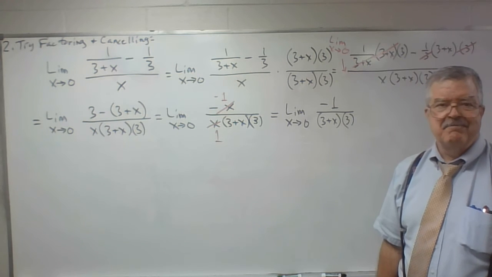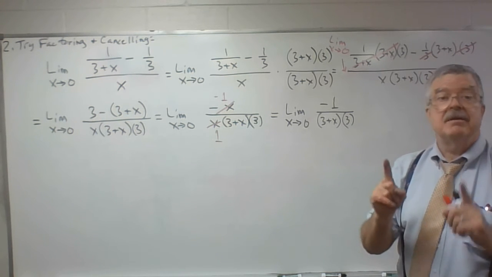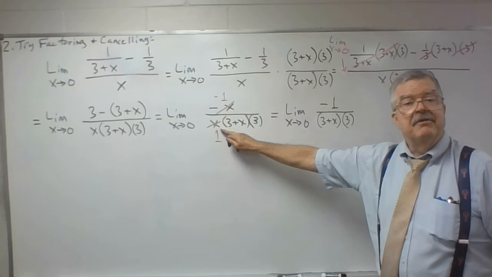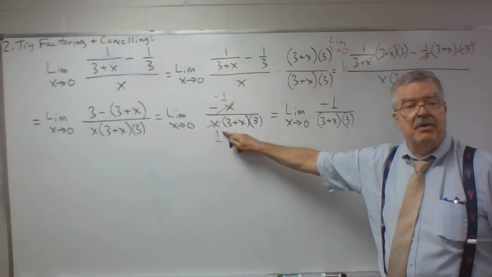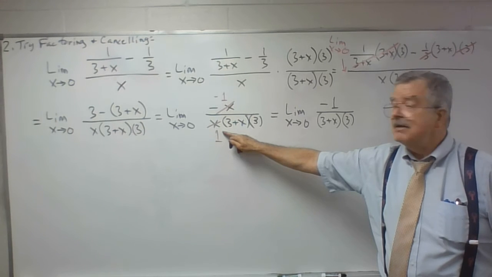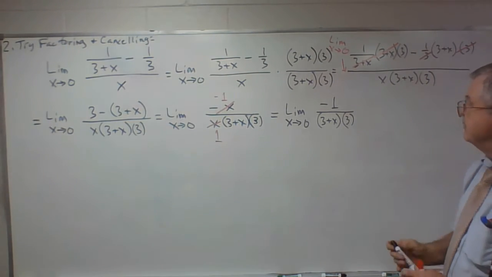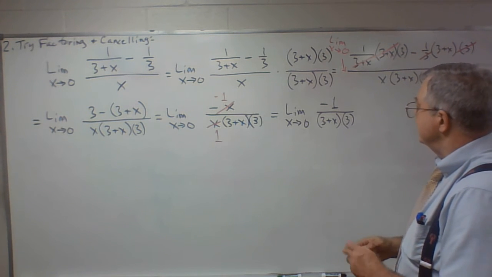So what are we going to do? Now we can plug in, right? We got rid of the troublemakers, the factors in top and bottom that were equal to 0 when we plugged in. We got rid of these troublemakers, so now we can plug in. I think I'll write that down.